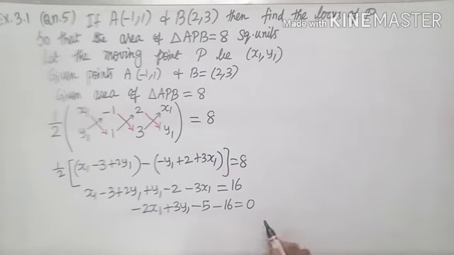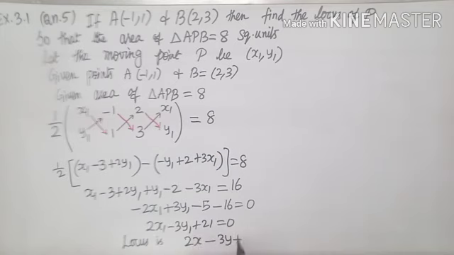Changing the sign throughout, 2x1 minus 3y1 plus 21 equal to 0. So we get the required locus, leaving out the ones, as 2x minus 3y plus 21 equal to 0.